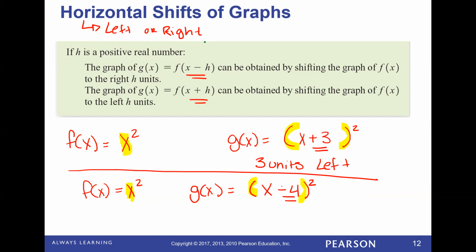Last time I had a +3, this time I have a -4. With that -4, I see that it's going to be 4 units. I'm just going to take that number, the unit number. But the minus sign is telling me that I'm actually moving to the right.